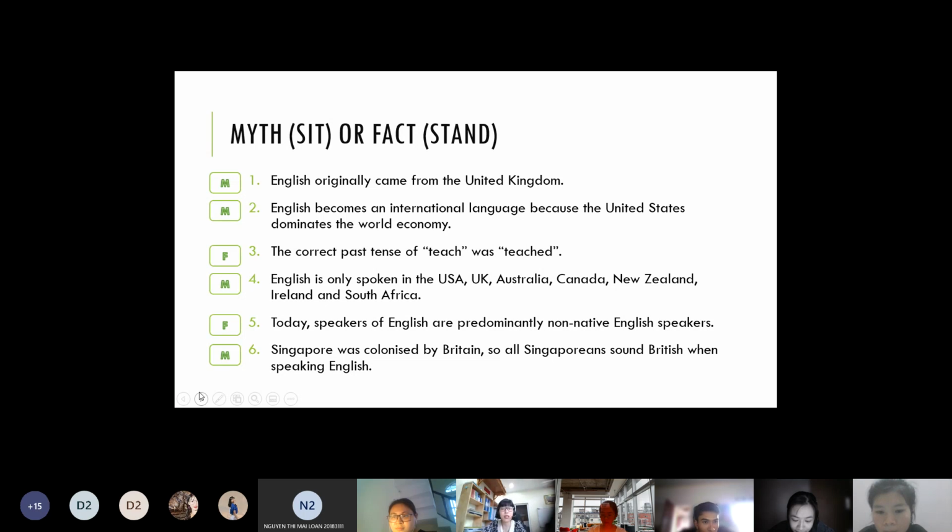But then the second language is English, and on the MRT, mass rapid transit, the instructions are in 3 languages. The first one is Chinese, the second one is English, and the last one is Tamil, for the group of people with Indian origin. So English is the second one.